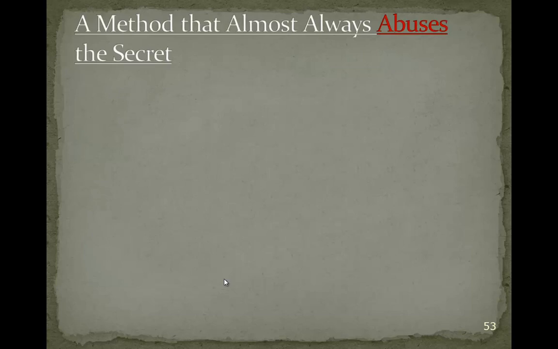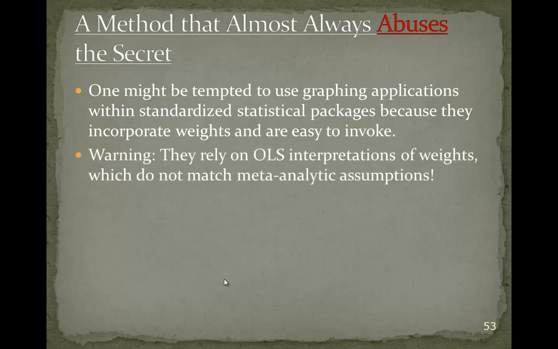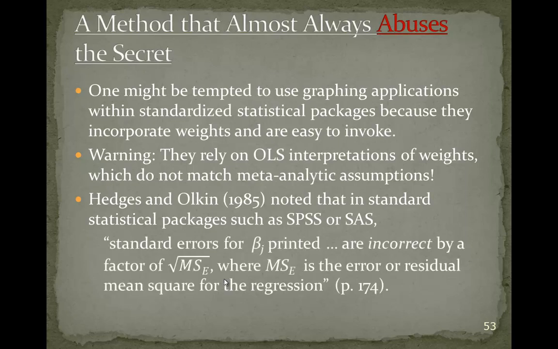Now, there's one method that almost always abuses the secret, at least in meta-analysis. You might be tempted to use graphing applications in SAS or SPSS or Stata. I even showed you one in this talk, because they incorporate weights and they're easy to invoke. But the problem is they're not going to match the assumptions that you've got underlying it. So this goes back to the 1985 text I referenced earlier. In standard packages, you do see that the standard errors for beta weights printed are incorrect by a factor of the square root of the mean square error.